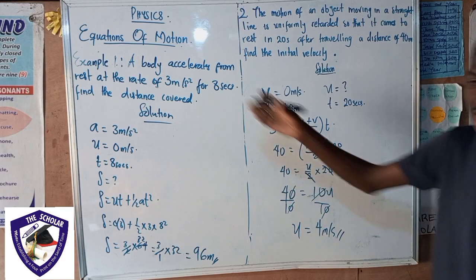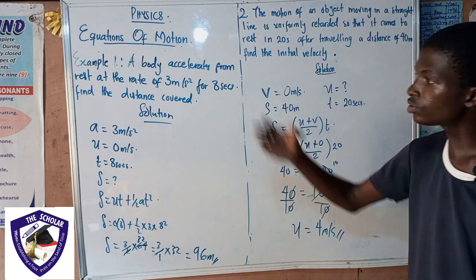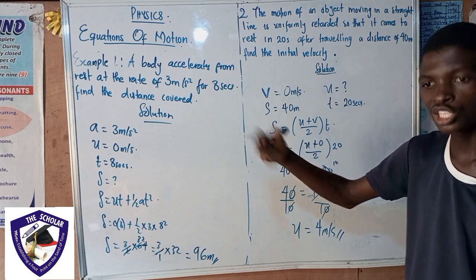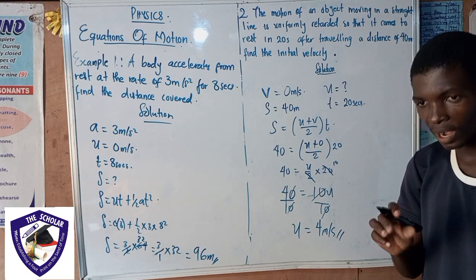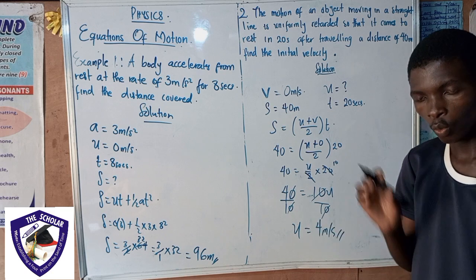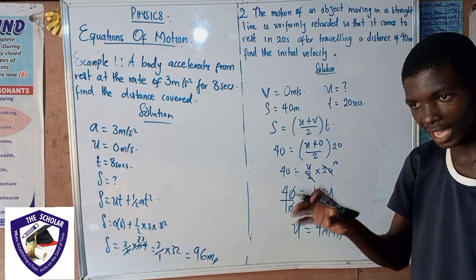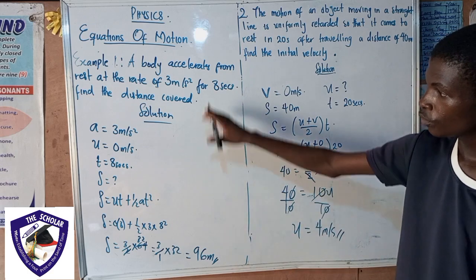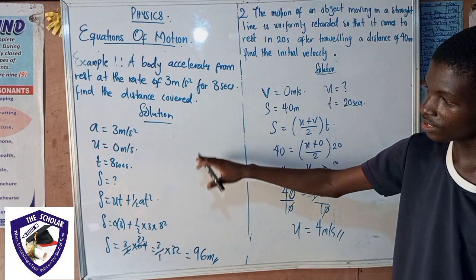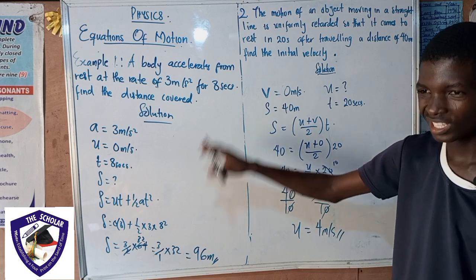So we started with the equations of motion and we saw some examples using them. The first key is to be able to identify these parameters. Where do they fit? What particular equation of motion can I insert them into? Now we saw the first one here. We have our acceleration, the initial velocity, the time, and we have to find the distance.